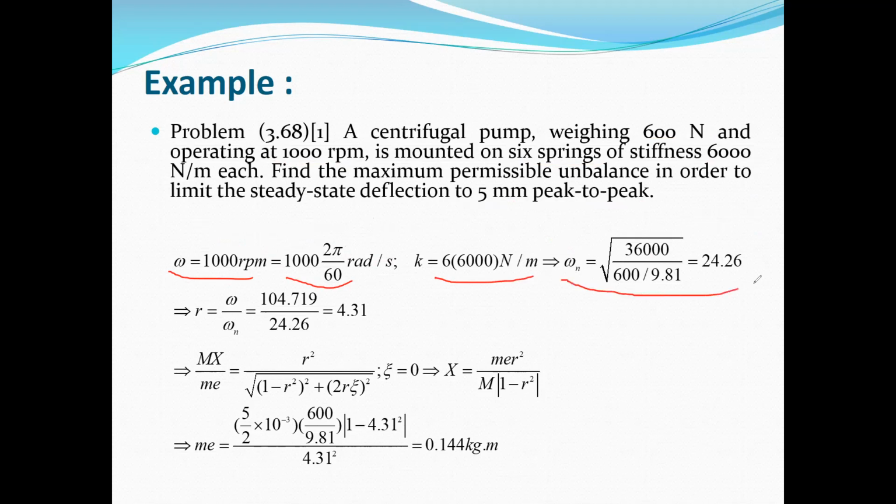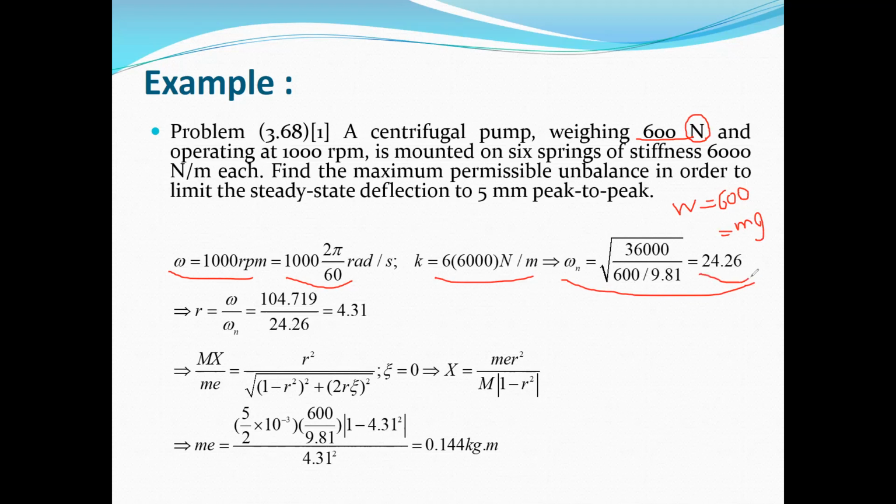So we can calculate omega n as well, which is the square root of k divided by m, and m is 600 divided by g, because this is the weight. You can see the unit is Newton. So W is equal to 600, and we know that W is equal to mg. So from here we can conclude that m is equal to 600 divided by g.